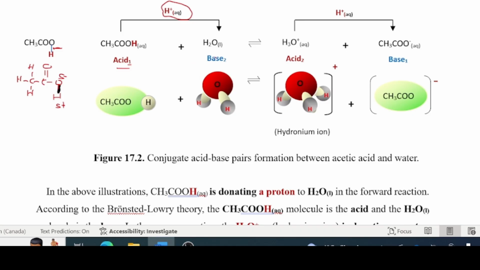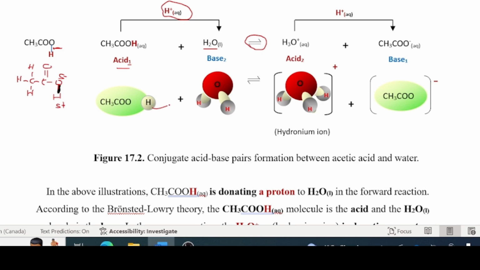Because the water is now accepting that proton, based on their theory, this we call a base. So in this forward reaction, ethanoic acid is the acid, and because water is accepting the proton, it is called a base. This is the space-filling marker here of the acid.